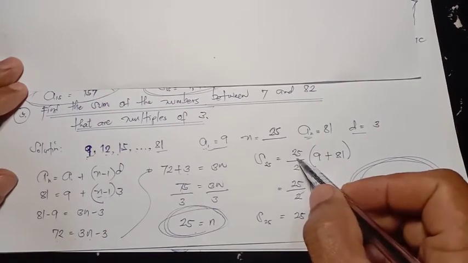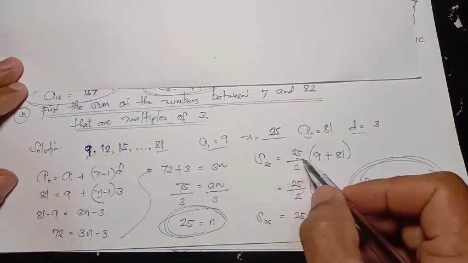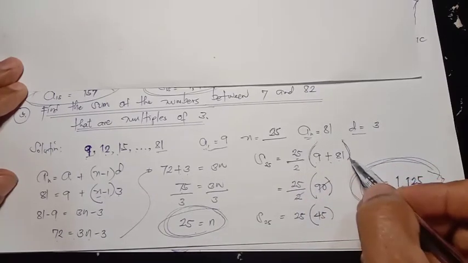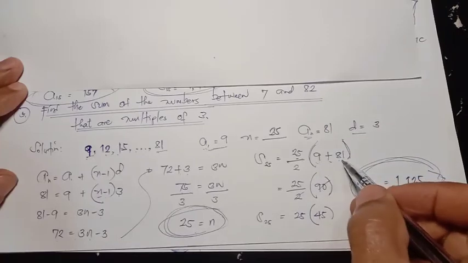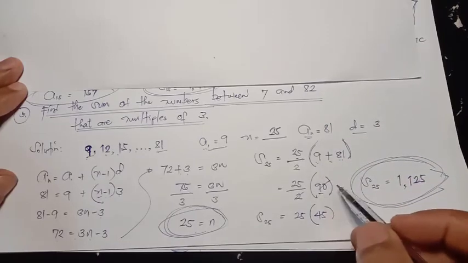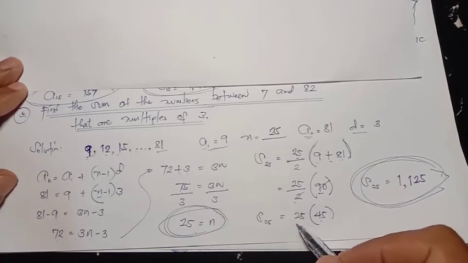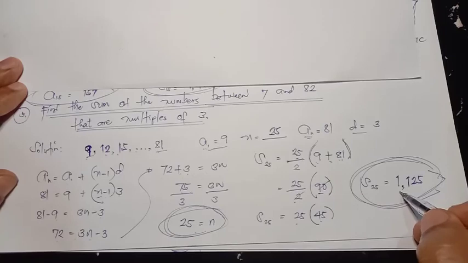So there are 25 terms divided by 2 times the first term plus the last term, 81. 9 plus 81 is equals to 90. 90 divided by 2 is equals to 45. Then 45 times 25 is equals to 1,125. So the sum of all the numbers between 7 and 82 that are multiples of 3 is equals to 1,125. Thank you.